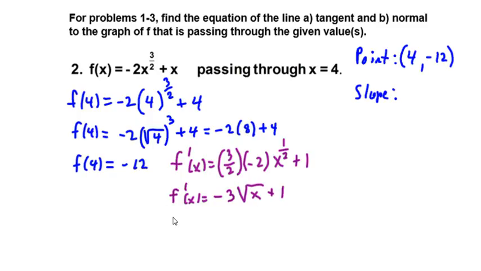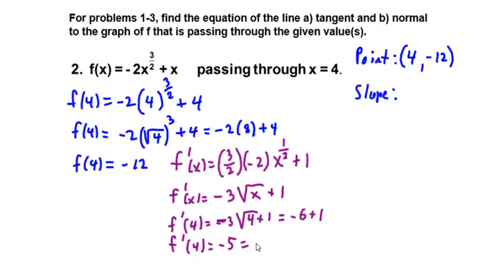So we have f prime of 4 is equal to negative 3 times the square root of 4 plus 1. Well, the square root of 4 is 2, and negative 3 times 2 is going to be negative 6, plus 1. So f prime of 4 is equal to negative 5.